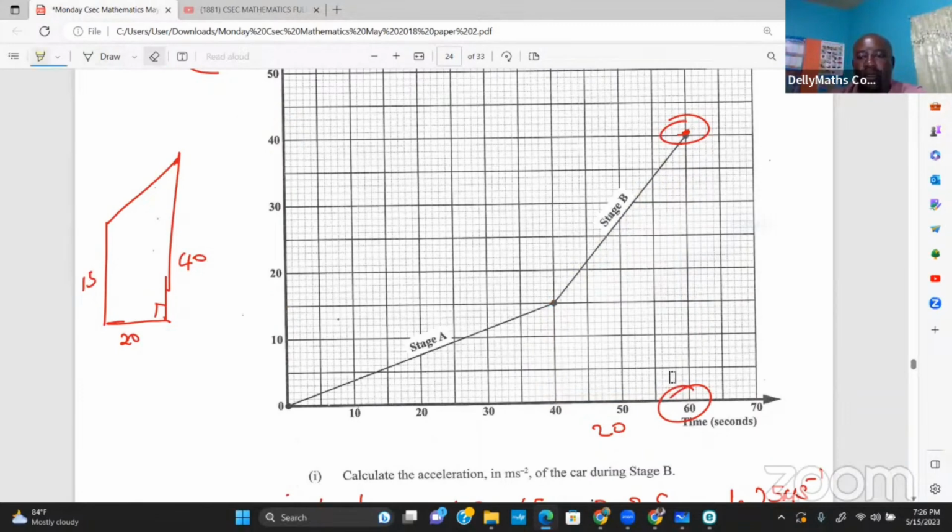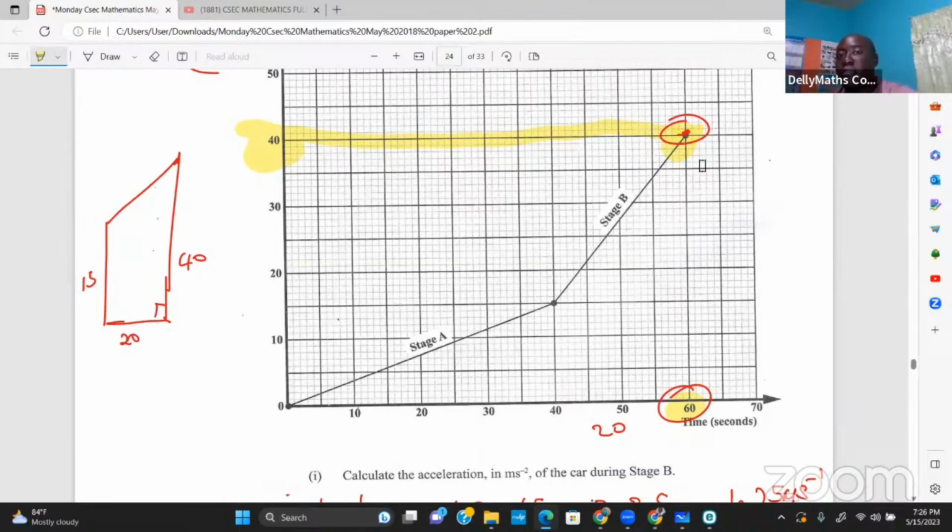At 60 seconds, my speed is 40. So if my speed is 40, and I'm going to be dropping 2.5 meters per second every second, how long before it comes to 0?